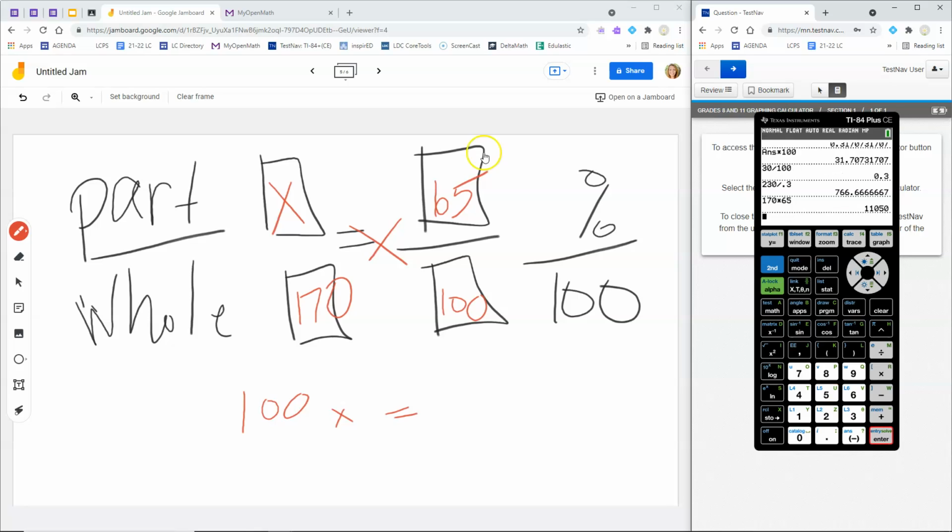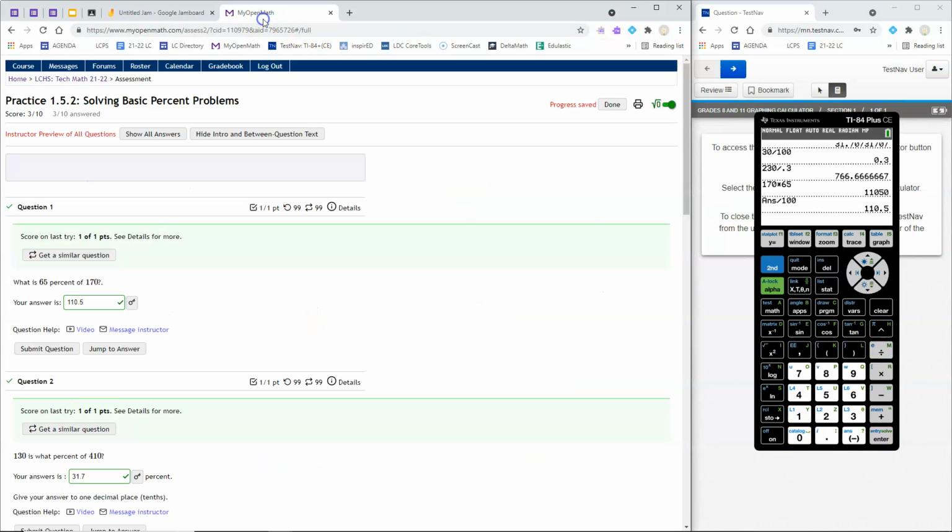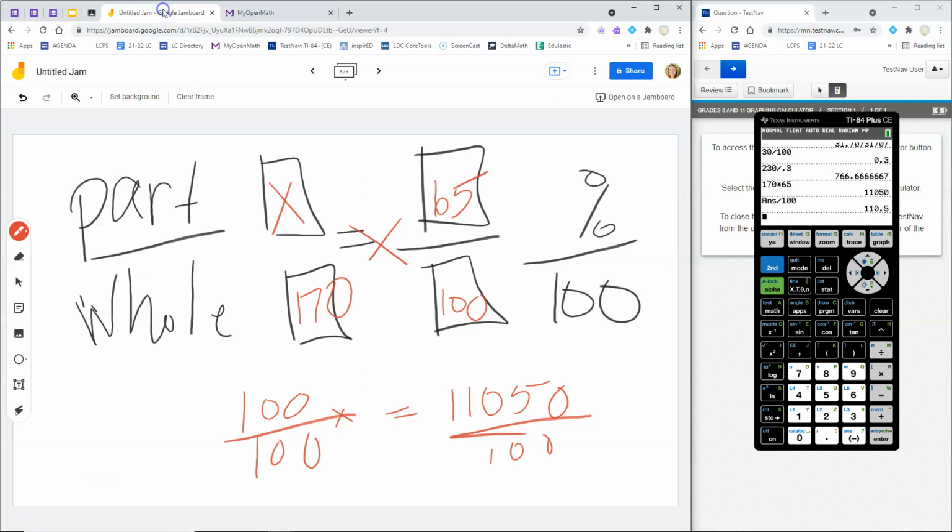Multiply the diagonals on the other side. And then you divide both sides by 100. And we got 110.5, which is what we got to start with, okay? So I think this is a really good way to do this.